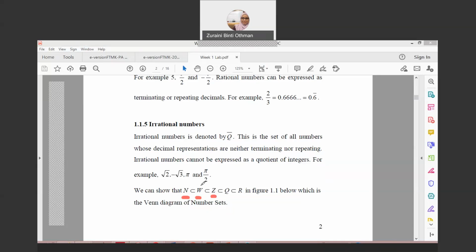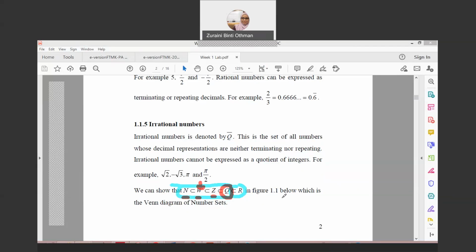Daripada depan ni tak ada negatif kan, dekat sini it's introduce kosong, and dekat sini pula kita ada negative part, and Z integer is subset of Q. Q is what? Q is rational number just now yang ada pecahan, iaitu all the yang pecahan tu dan all the number here. Semua nombor NZQ ni kita panggil terletak di dalam R, real number system, subset of R.